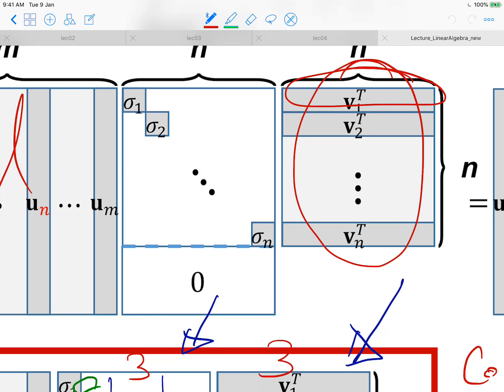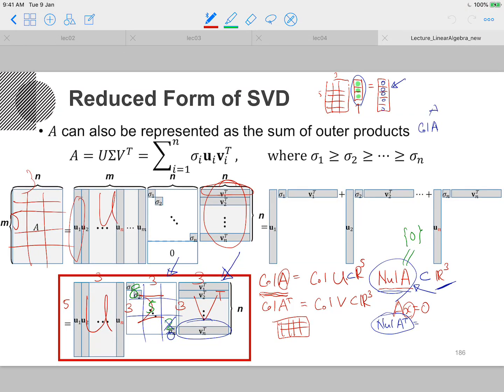V1 is sent into U1, but this is combined with this scaling factor sigma 1, or the corresponding singular value. And then the second one, V2, can be viewed as another kind of eigenvector, and that vector also has its own fixed directional vector in the output space. Okay? So that way we can think of these pairwise correspondences, but they involve additional scaling factors. Okay.